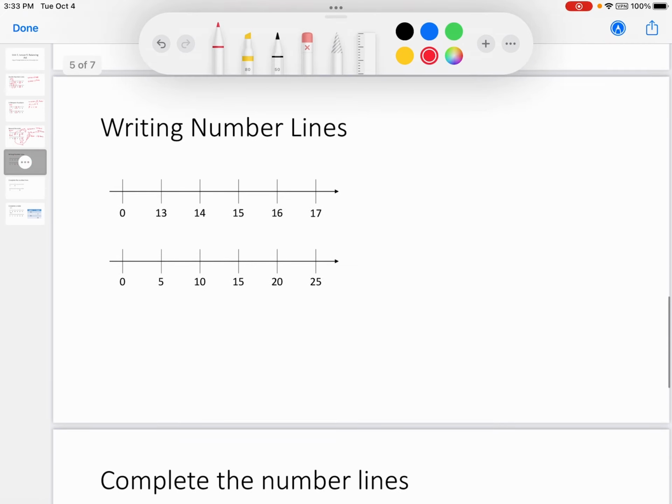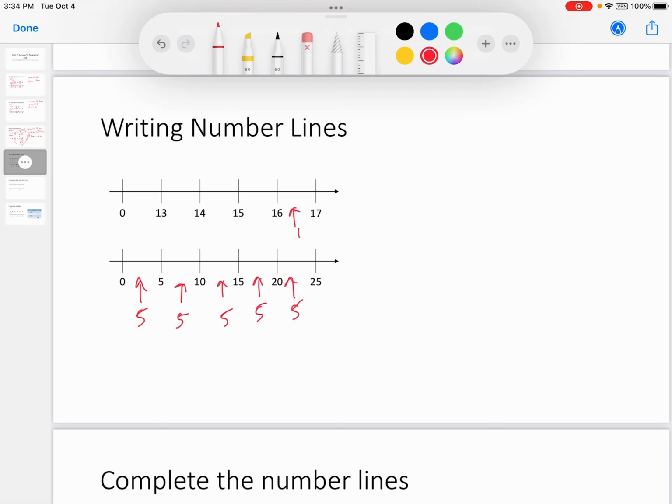All right, here are two examples of number lines that were written by two different students. One of them is correct and one of them is wrong. You do have to know that all of these intervals go by 5, 5, 5, 5, 5.